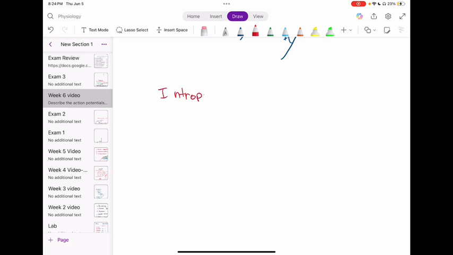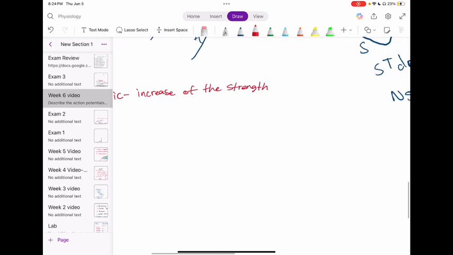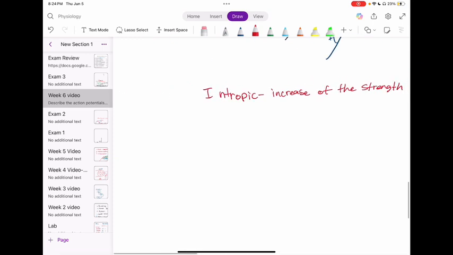Inotropic means there's an increase of the strength of contraction. Lusitropic means that there is a decrease in the duration of contraction.